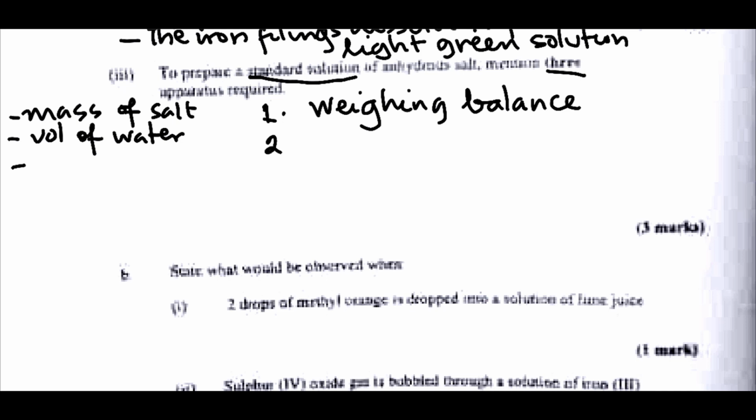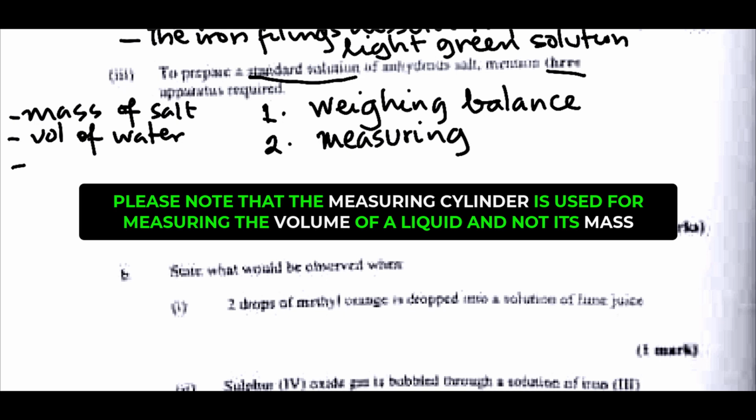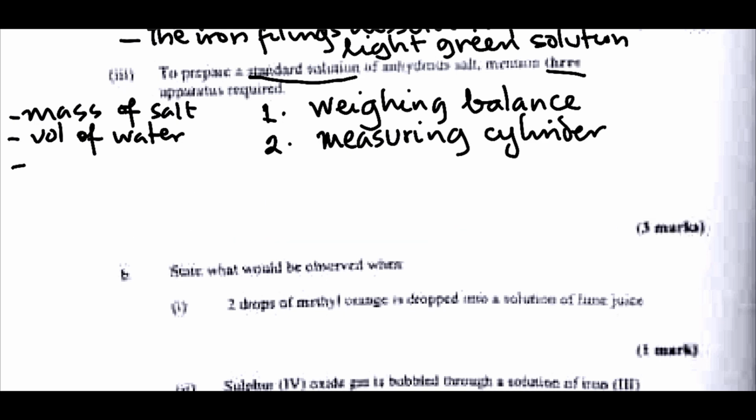Then 2, you use what? To get the volume of the water. You can either use a measuring cylinder if you like, to measure a particular volume of water. Then 3, you need a volumetric what? A volumetric or standard flask.